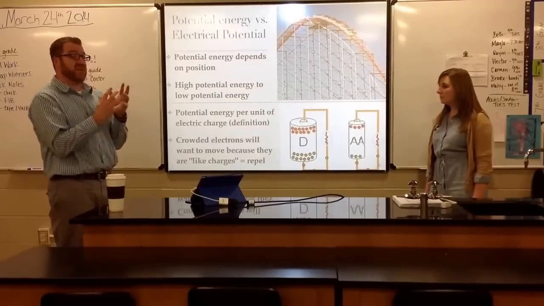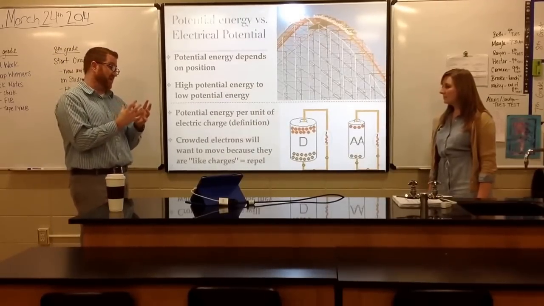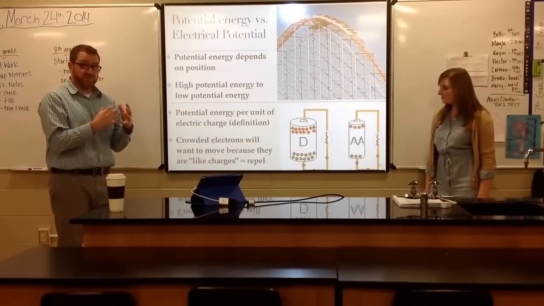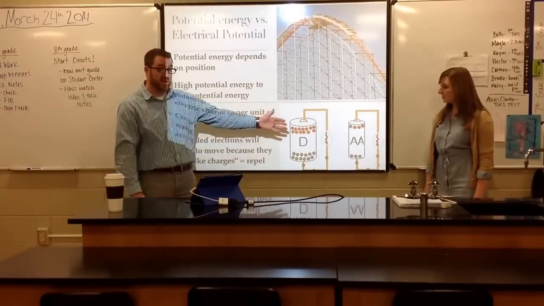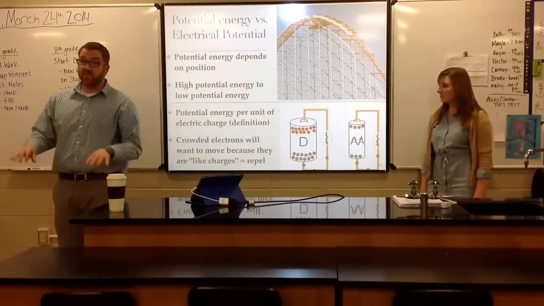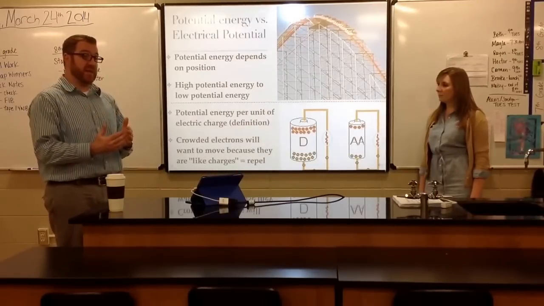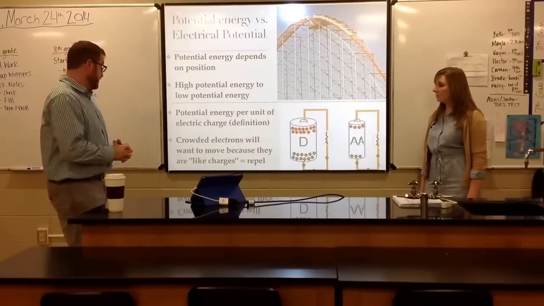So if you have a lot of electrical potential at the beginning of your circuit or on one side of it, like we have in this battery, if you have a lot at one side of the circuit and you don't have a whole lot at the other, and that potential difference is great, those electrons are really going to want to speed through that circuit as fast as possible whenever they're allowed to.